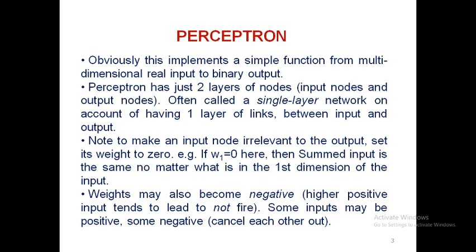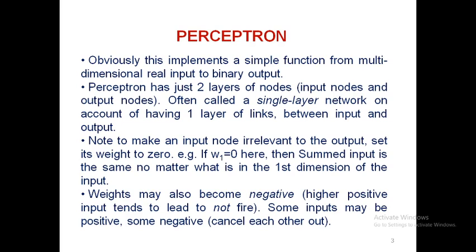So obviously this can be implemented with a simple function from multi-dimensional real input to the binary output, either yes or no. So it can fire or not fire. The corresponding output neuron may fire or may not fire, by receiving the inputs from the multi-dimensional real input.